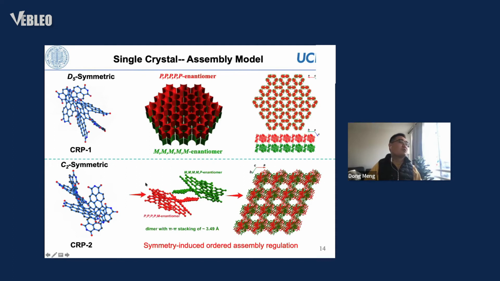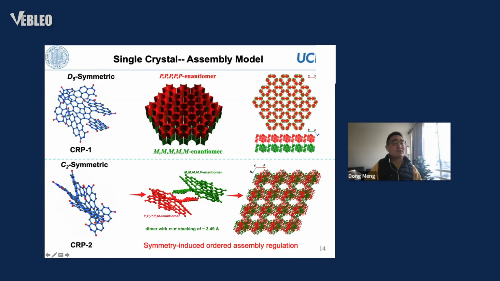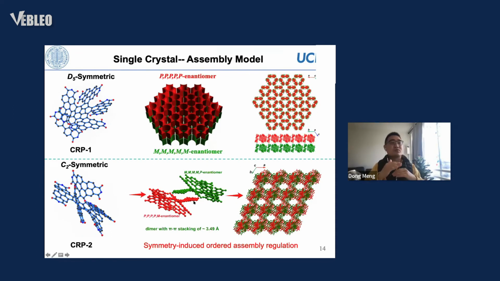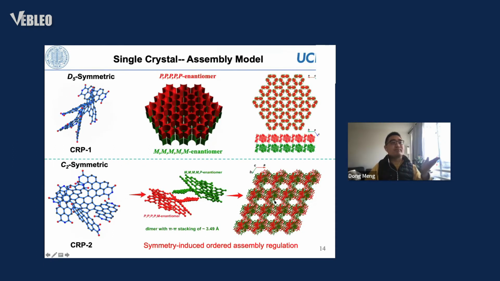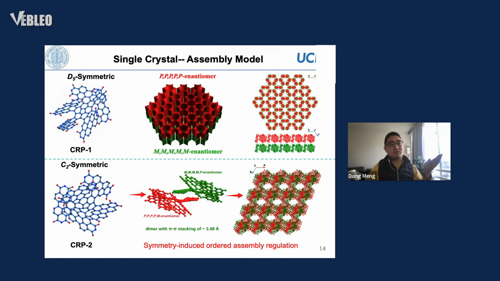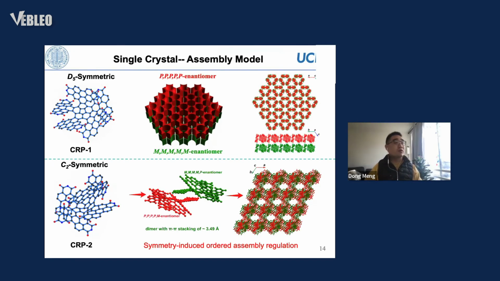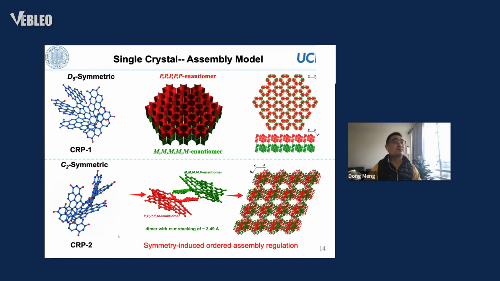For the C2 symmetry, it can form dimers through peptide interactions, and it can form another rigorous assembly structure.